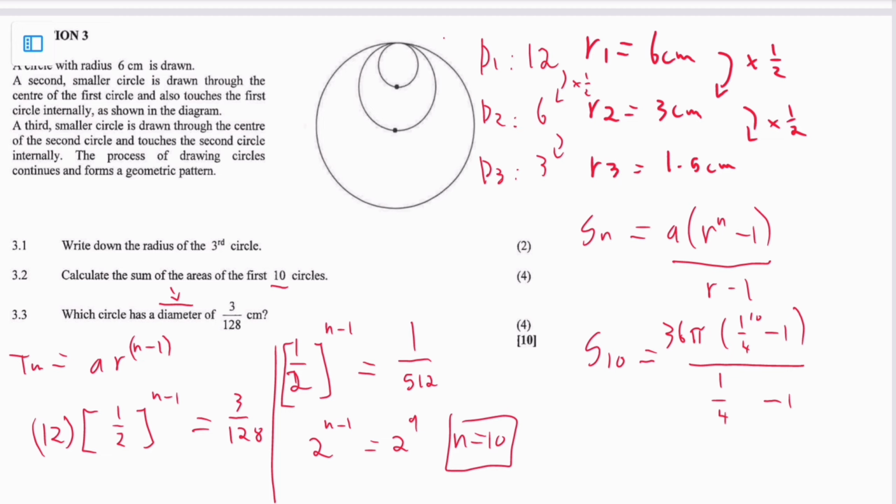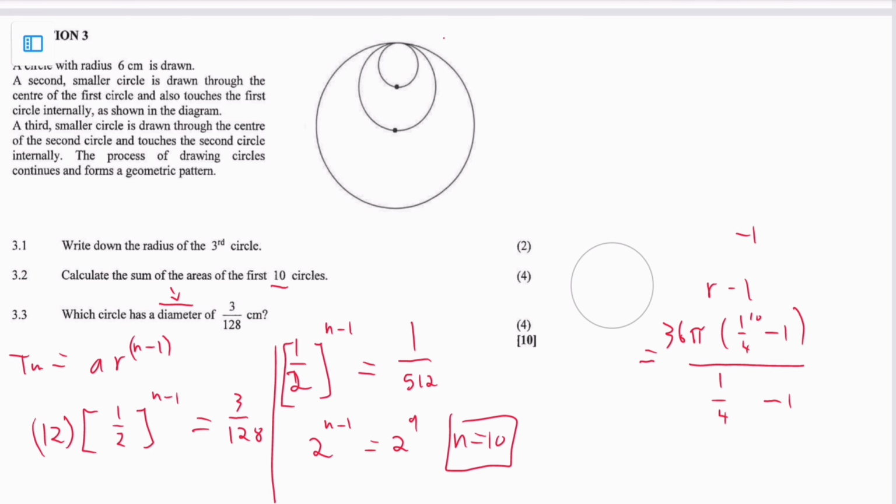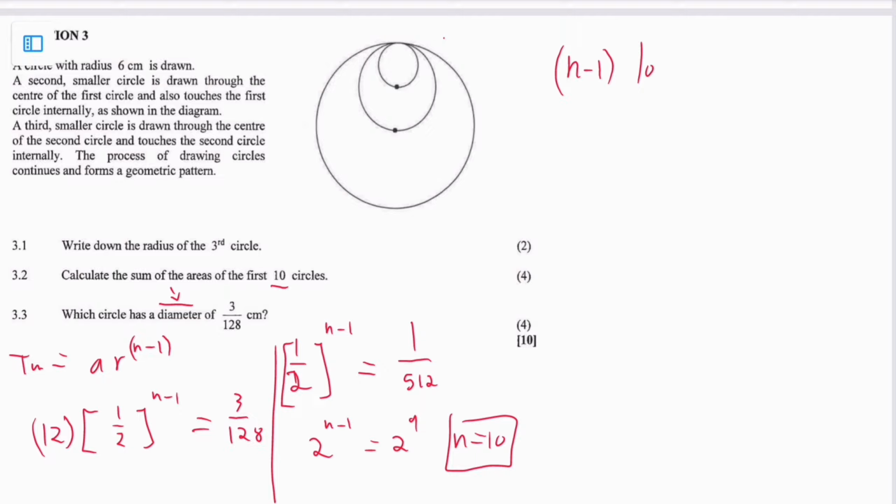And then what you could also do, if you did not notice that, is you could use logs. So you could simply say n minus 1 log of a half equals to log of 1/512.